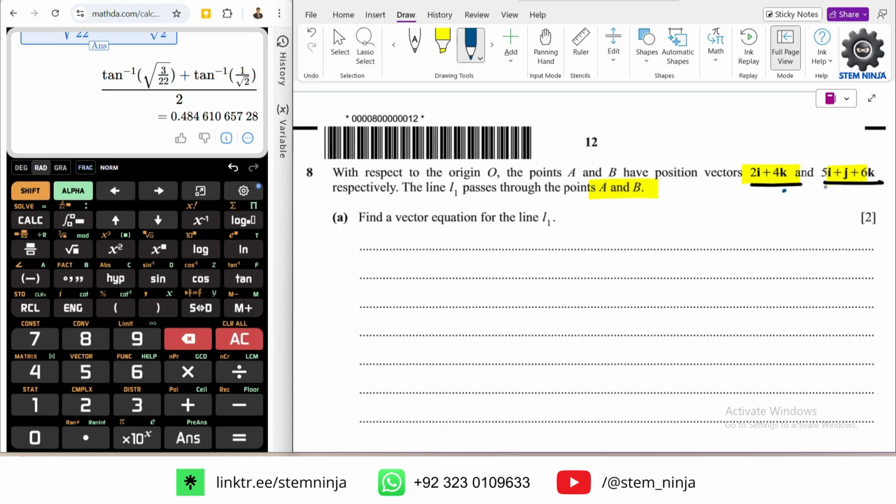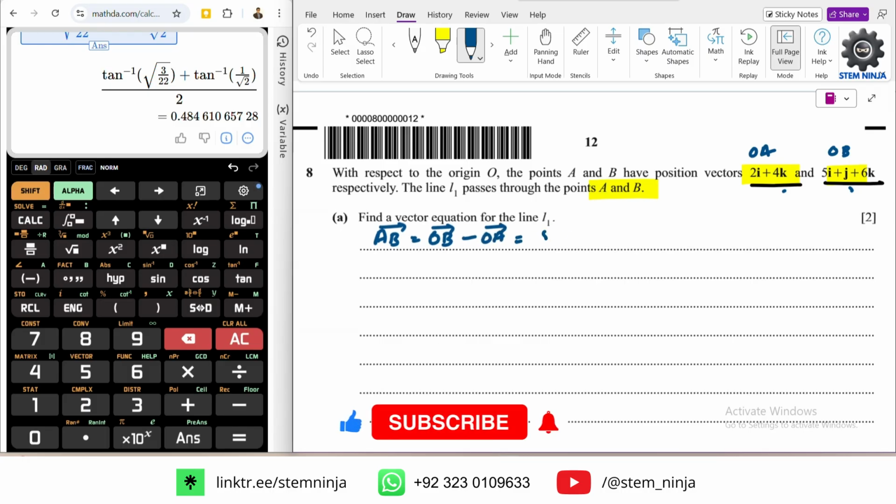Right, so we need the difference between them, like the direction vector, right? So, AB. This would be OA minus OB, or OB minus OA, whichever way. This is your OA, and this is your OB. So OB minus OA.